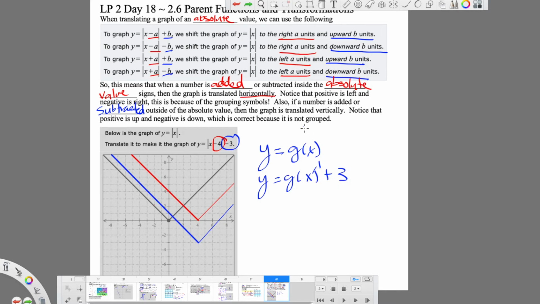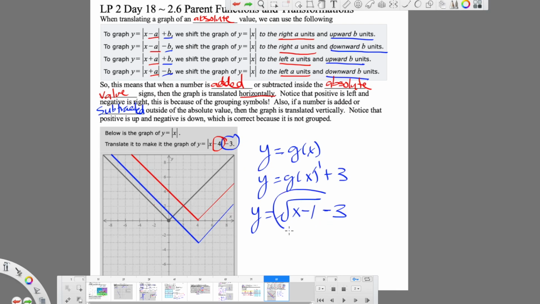And then the other one that I saw on there was y equals something like this. And I think this is one that we practiced in class. So with this one, this is actually the grouping symbols, right? So it's the square root that's grouping it. So because I'm subtracting 1 inside of that grouping symbol, I'm going to move to the right 1 unit because it's inside what's being grouped.